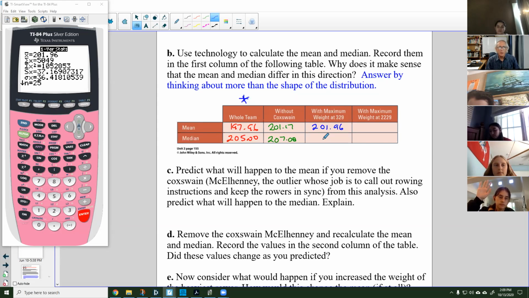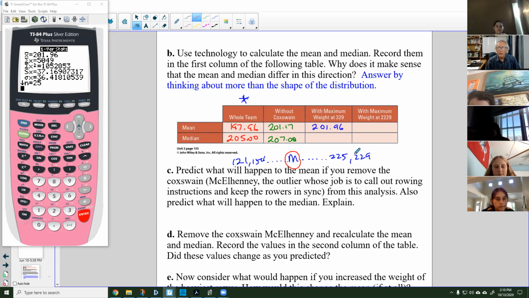Let's think about it, Abby. So we know that my lightest guy is 121, right? And then there's like 154 and so on. There's something in the middle there, and then there was like 225 and then 229. So the value in the middle was this one right here. Are you good with that, Abby?